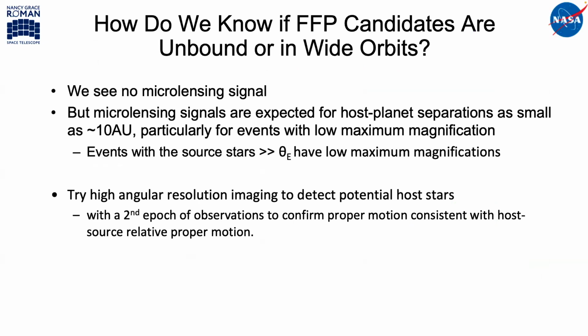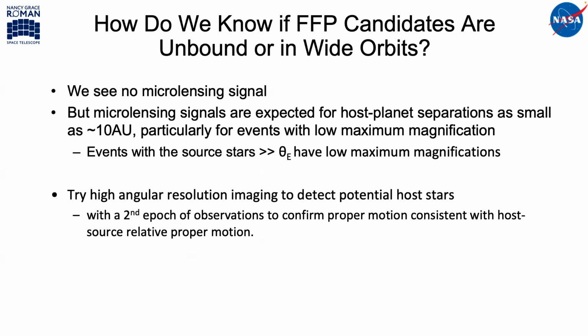Okay, so we talked about this already. How do we know if they're unbound or in wide orbits? The microlensing signals are expected. You can miss a microlensing signal of a host star with a separation as small as around 10 AU.